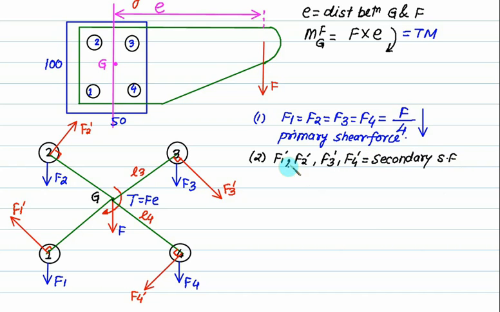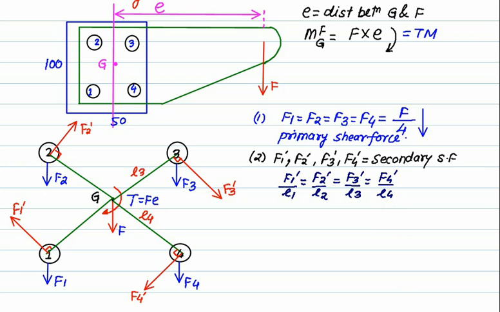In this case, the secondary forces are proportional to the distance from the center of the rivets, that is F1 dash by L1 is the same as F2 dash by L2, the same as F3 dash by L3, the same as F4 dash by L4.